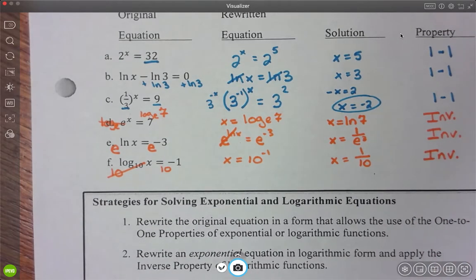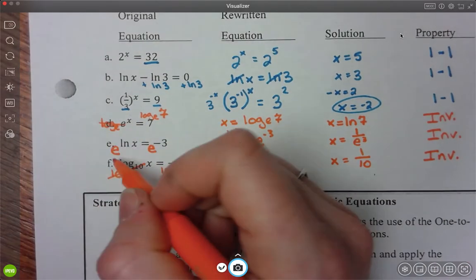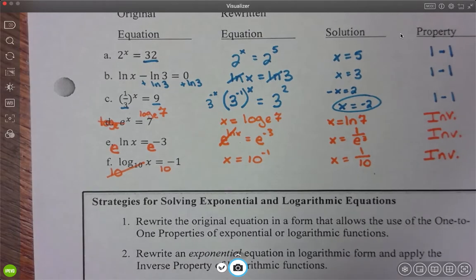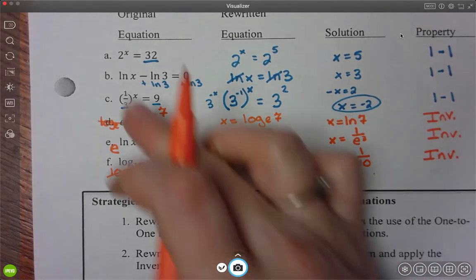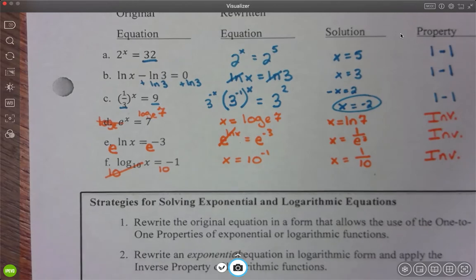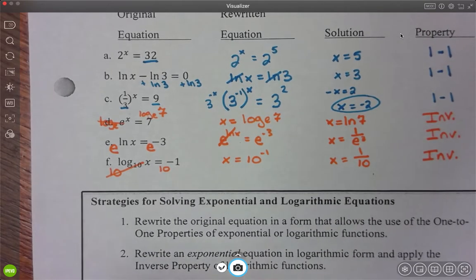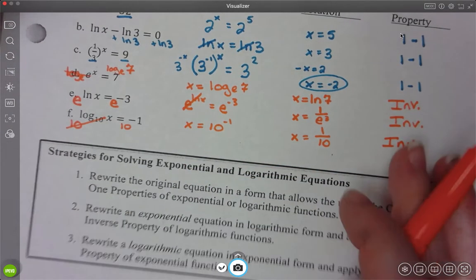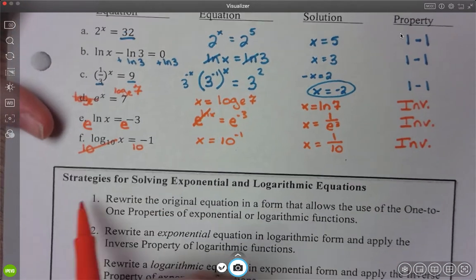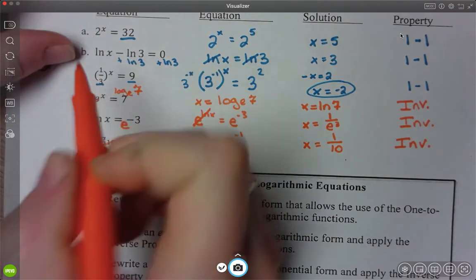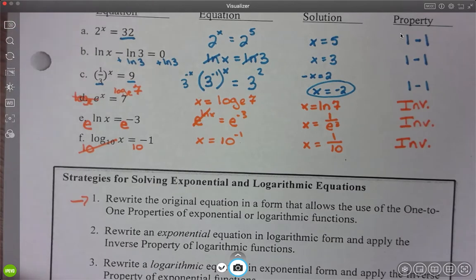Okay, so these last three are a little bit harder to understand because I'm inserting things when they're not already there. These ones I'm just changing a little bit. So here are some strategies for solving exponential functions. What I want to first do is try one of these strategies, A, B, or C. I want to try to rewrite it in any way that I can so that I can simplify things.